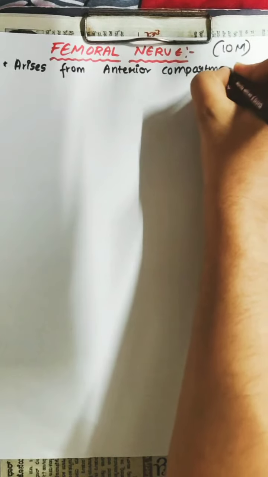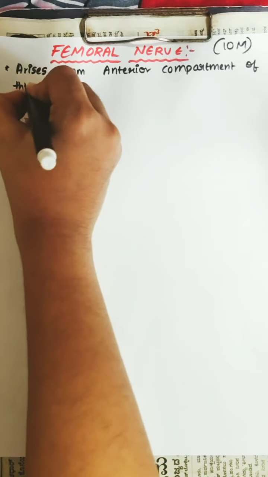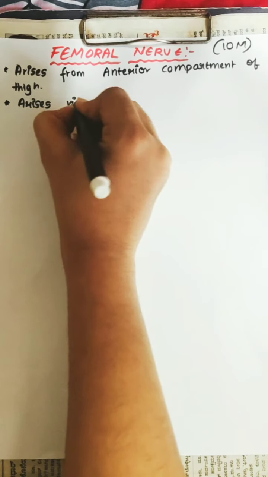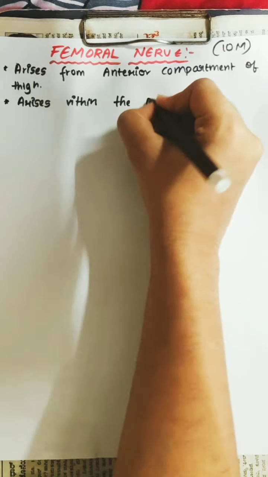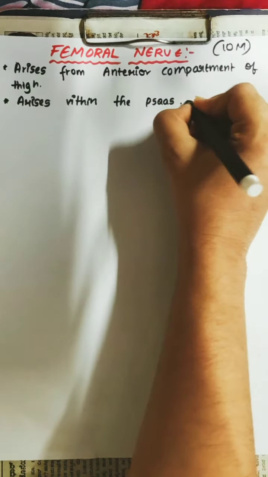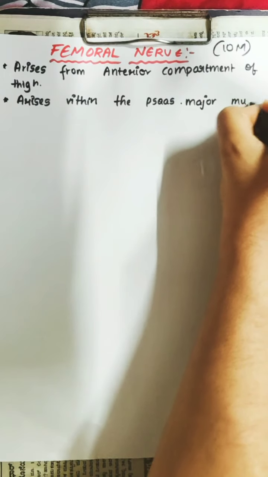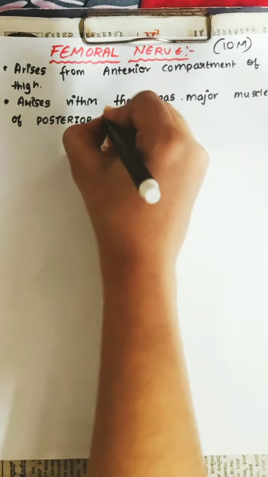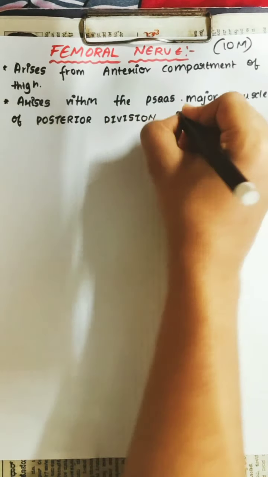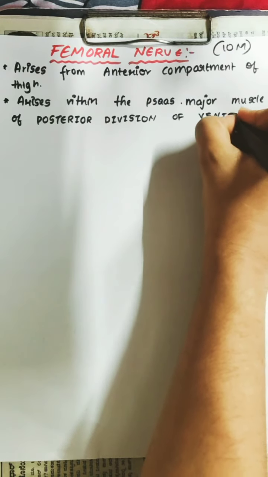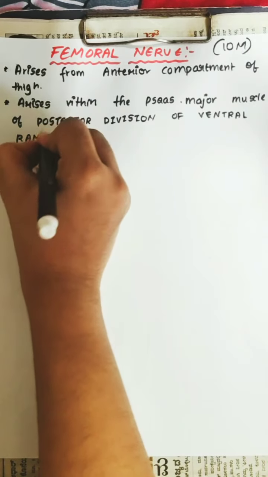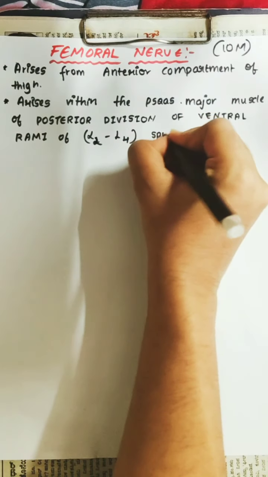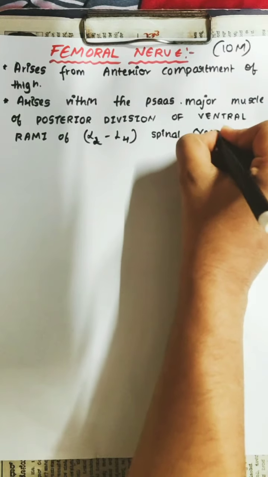It arises within the psoas major muscle, of the posterior division of the ventral rami of L2 to L4 spinal nerves.